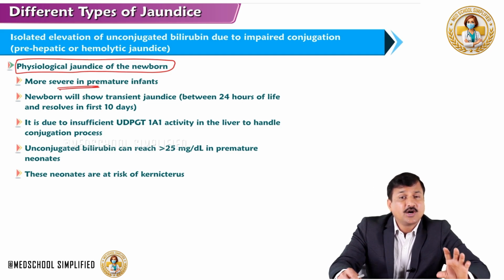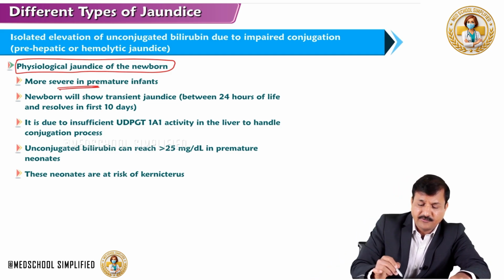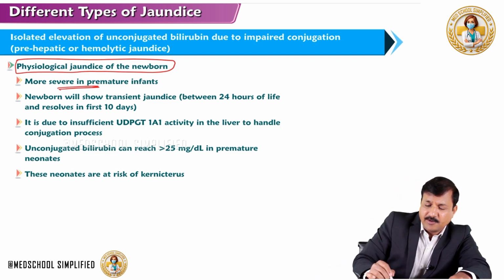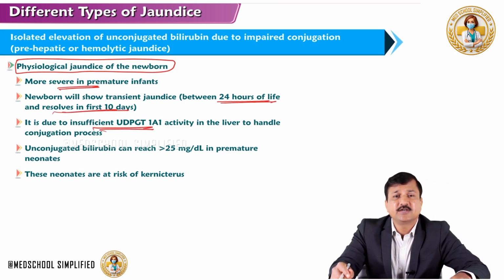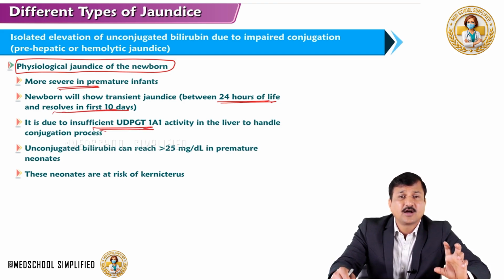So if the jaundice does not resolve within 10 days, that is called pathological jaundice. So newborn will show transient jaundice after 24 hours of life and resolves within 10 days, and that is because of insufficient UDP-GT1A1 activity in the liver to handle all the unconjugated bilirubin that is brought to the liver.